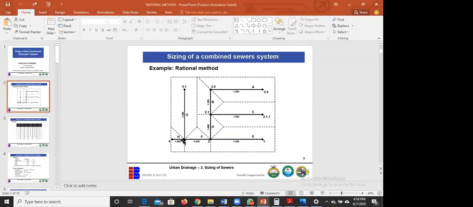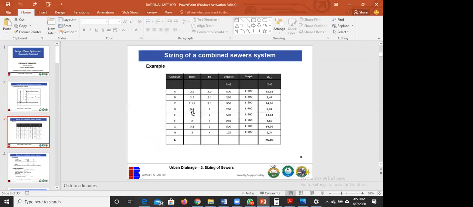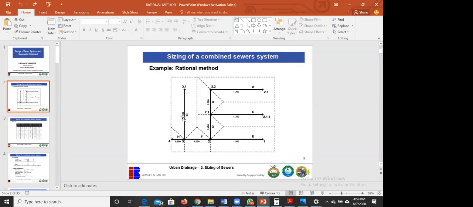This is catchment G. It has an area of 14 hectares, and slope is 1/300, which is 0.3% or 3 per mil. Okay, and G is on its own. It doesn't have upstream. Nobody's discharging into it.